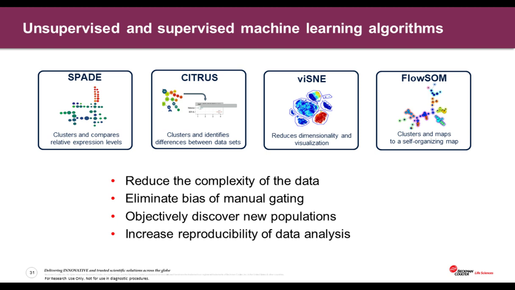So ultimately, the utility of unsupervised and supervised machine learning algorithms reduces the complexity of the data without actually losing the complexity of the data. But it eliminates the bias of manual gating, which is extremely important when we're dealing with the variability of clinical samples. And any of you who have dealt with clinical samples will understand that there is a massive variability from sample to sample.